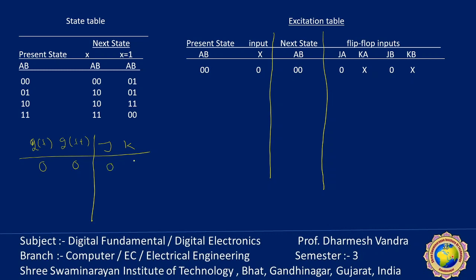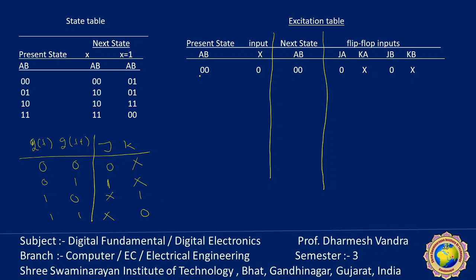So J must be 0, with any value of K. 0, 0 is applicable, 0, 1 is also applicable. For 0 to 1, J must be 1 and the value of K may be 0 or 1. For 1 to 0, as per the excitation table, it will become x1. And for 1 to 1, it will become x0.